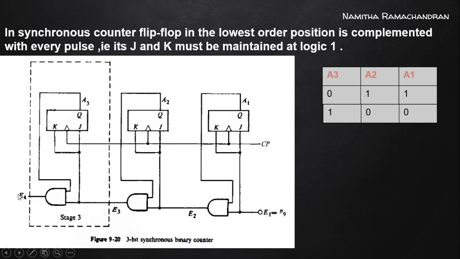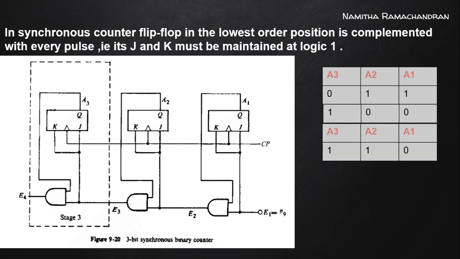Okay, this E4 is indicated by this AND operation between A1, A2, A3. If all are 1, then E4 becomes 1. Okay, if any of this value, here in this case the present state value of A3 is 0 and this E3 is 1, 1 and 0 is 0. So E4 indicates 0. That means after this increment operation, here it generates no carry out value. The carry out value is 0 here.